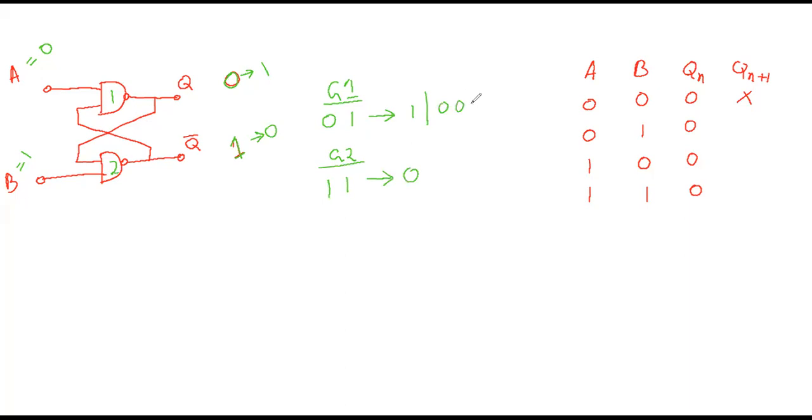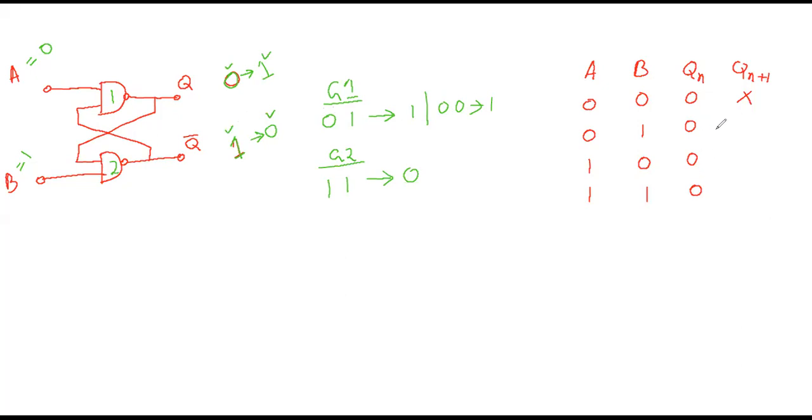So for 0, 0, the output will be 1. Sir, 1. So no change, it was 1 in the last case. So here also it will be 1. So no problem. So we need not do this again. So I started with 0 here and 1 here, but after applying the input, my result is, the output is, this is 1 and this is 0.